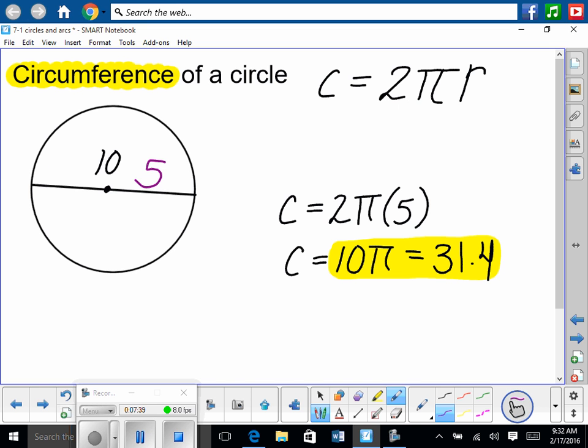So that's 10 pi, right? And if we wanted to get down to the nitty gritty, we know that pi is just a number, so we would call that 31.4, because I typed into my calculator 10 times pi. Does that make sense? So you'd write both. 10 pi is what you would most likely see on an ACT, and I like that answer better, but it doesn't hurt to write out both. Is everybody comfortable with that?